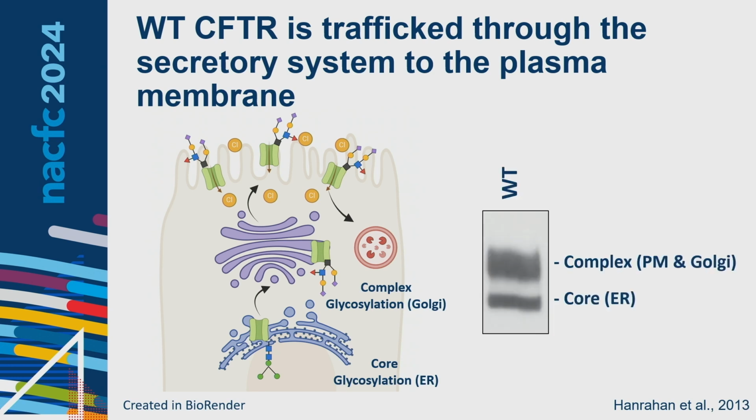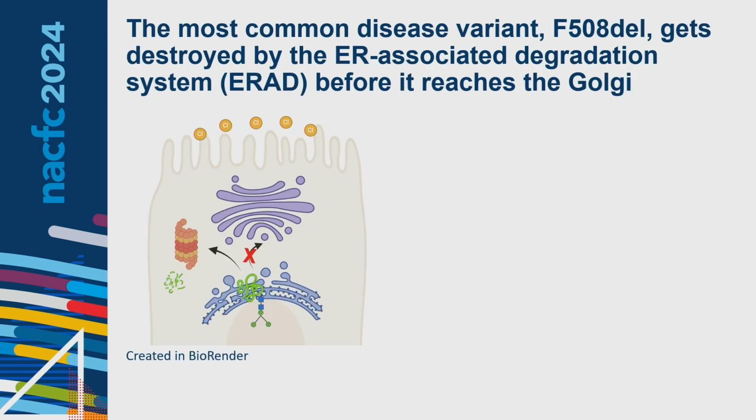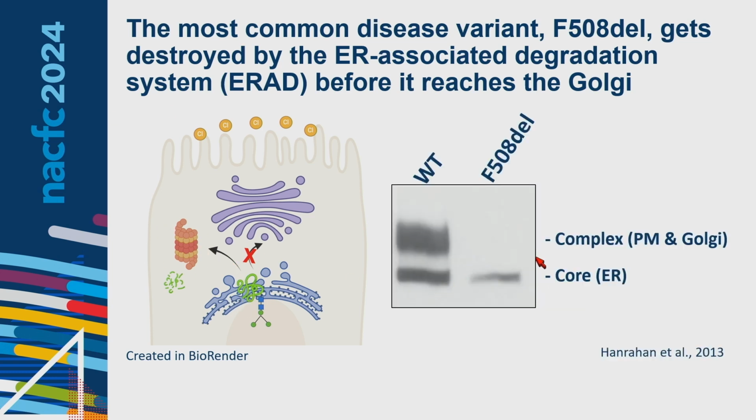This leads to a characteristic immunoblot pattern with a core form and a complex form. The most common disease variant, F508del, gets destroyed by the ER-associated degradation system before it reaches the Golgi. It does not fold properly at the ER and gets sent to the proteasome for degradation, so it is only found in the core, or ER, form.